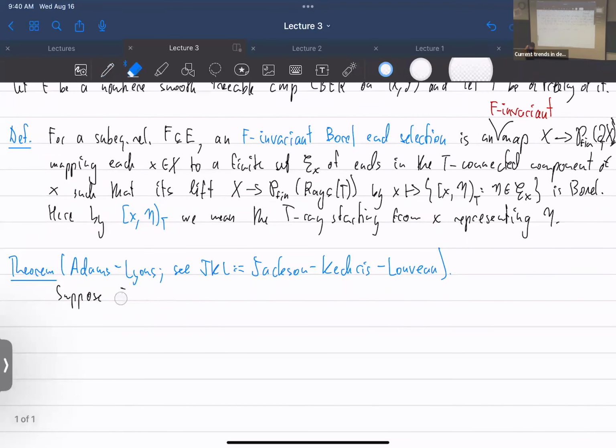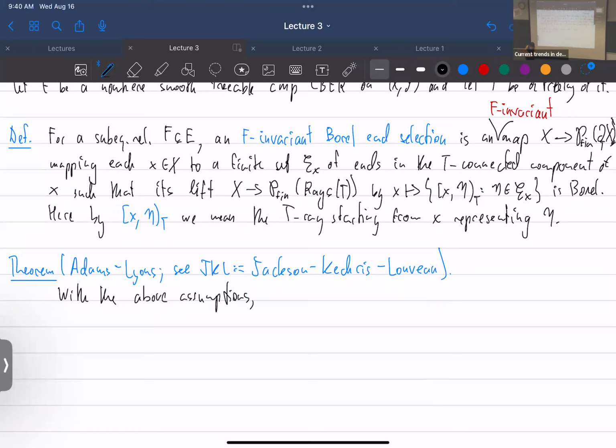So with the above assumptions, F is amenable if and only if it admits an F invariant Borel end selection.